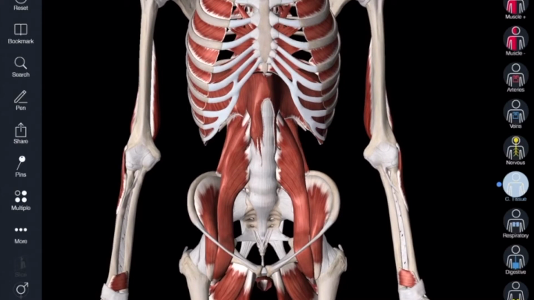If we remember Boyle's law, if a gas is at a certain pressure and a certain volume, and we increase the volume, the pressure of that gas is going to decrease. So by lowering the diaphragm, thus increasing the size of the lungs, we're lowering the air pressure inside the lungs.